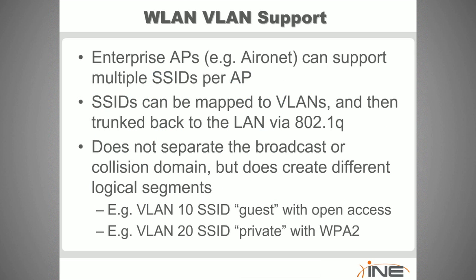Okay, the next feature we have for what we would consider an enterprise access point like AeroNet, as opposed to your consumer grade AP like a Linksys box, is that we have wireless VLAN support. Basically what this means is that an SSID will correspond to a VLAN by trunking back to the wired LAN. Now, again, don't get confused with the terminology here because technically everybody is still in the same broadcast domain and still in the same collision domain.